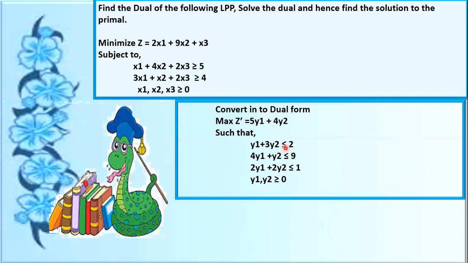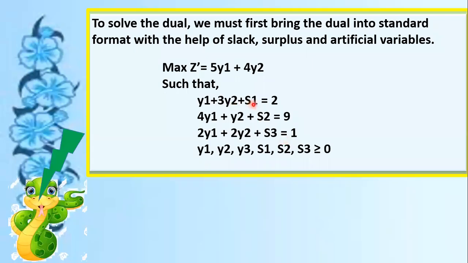So whenever you encounter lesser than or equal to, add a slack variable to it. So add S1, S2, S3 and convert into an equation. Variables here are y1, y2, s1, s2, s3. So you can rewrite your objective function as 5y1 plus 4y2 plus 0s1 plus 0s2 plus 0s3.